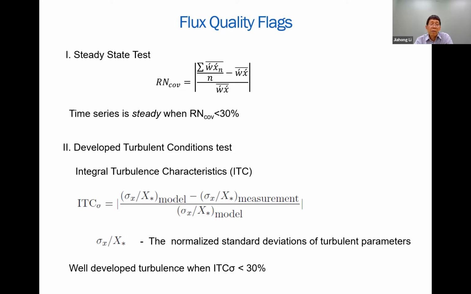So from those two tests, we can see the basic approach is to test whether the theoretical requirements for the eddy covariance method are met or not, because the assumption for the eddy covariance method is that we have a steady state and also well developed turbulence.